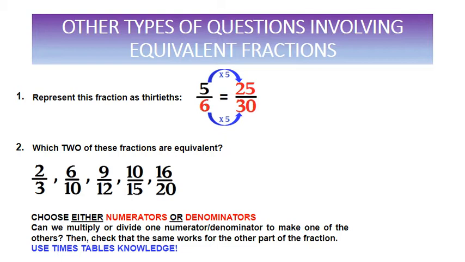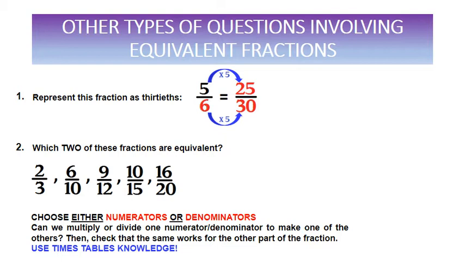So if we start with the 2/3 and read across the numerators, I could multiply the 2 by 3 to make 6. I could multiply it by 5 to make 10. And I could multiply it by 8 to make 16. So I've got 3 possibilities there that I could link the 2/3 to.